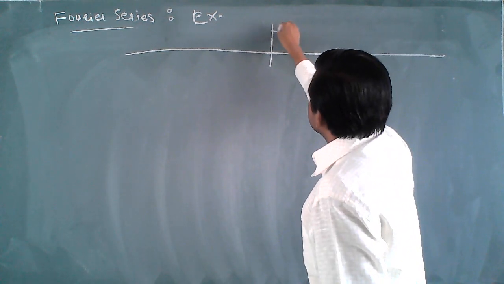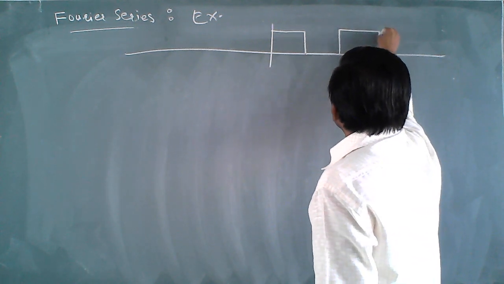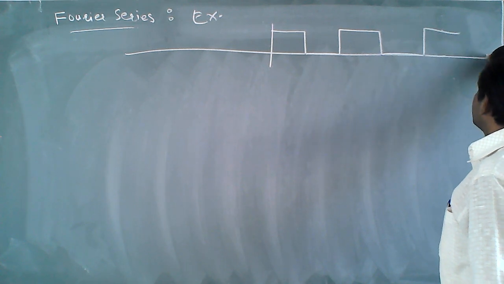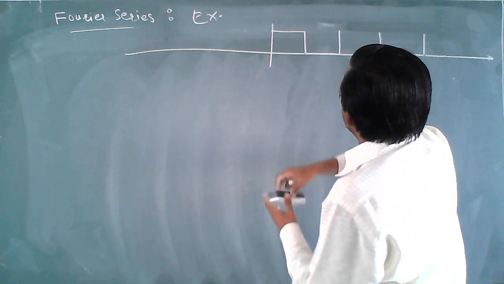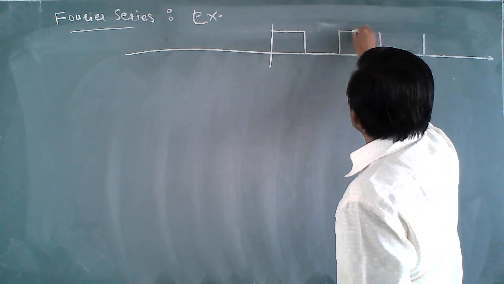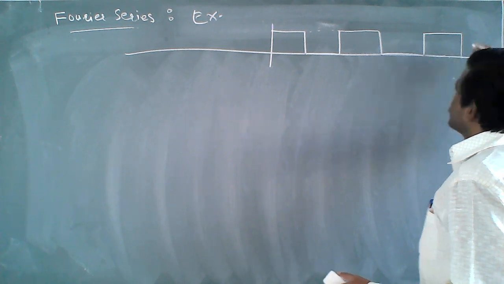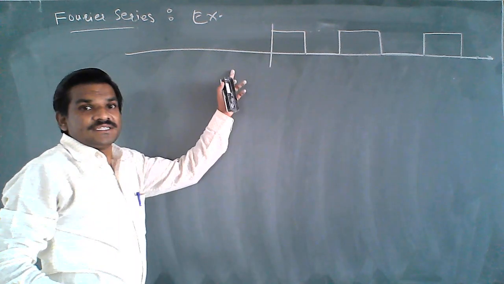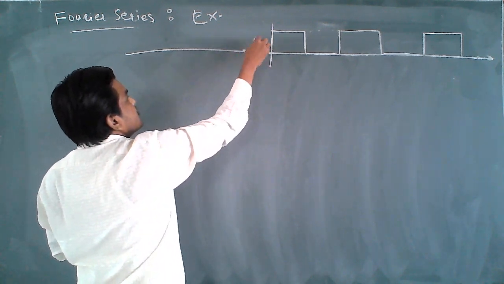So this is 1, this is 0, this is 1, this is 0, 1, 0, and this goes on. I will make sure that its amplitude is very similar. And for the left side, it will be the same.